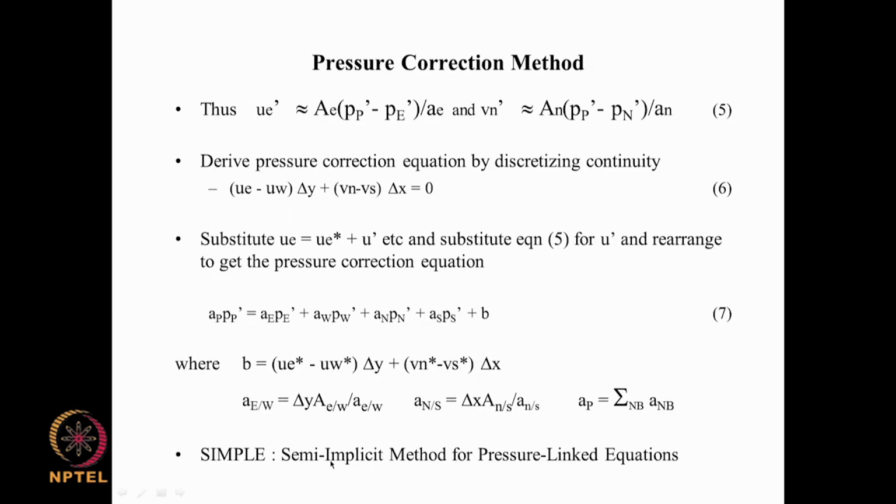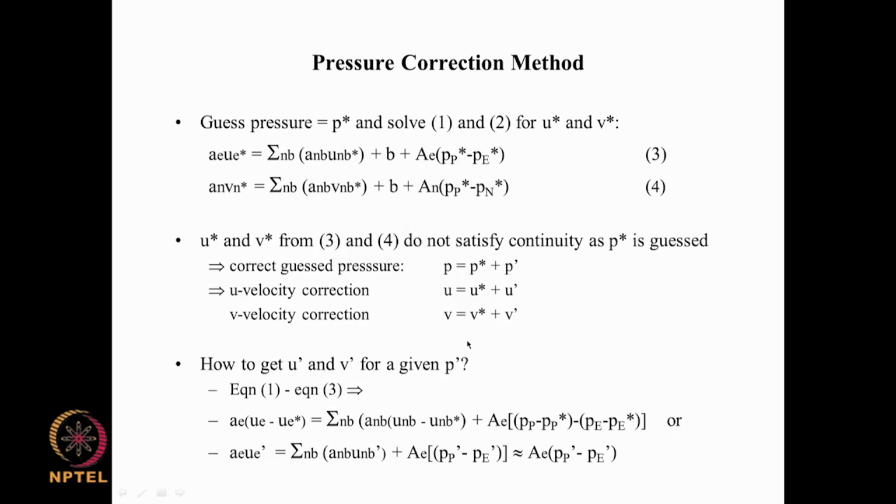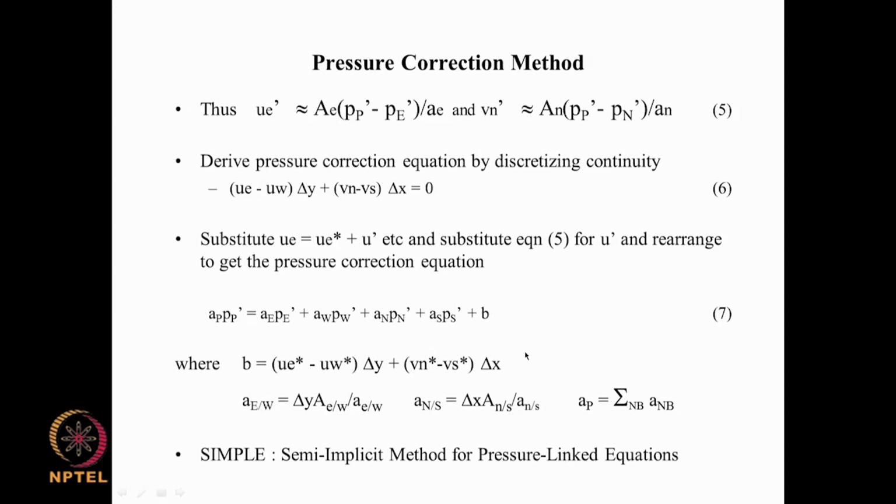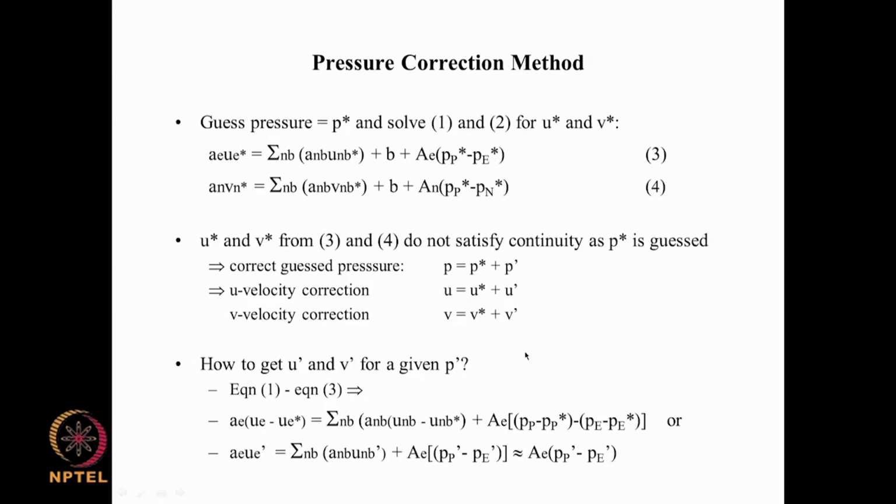It is known as the semi-implicit method for pressure linked equations. Obviously these are linked through this pressure correction here and through the guessed pressure field in the x and y momentum equation, and it is semi-implicit because in this equation here the velocity is being evaluated implicitly.